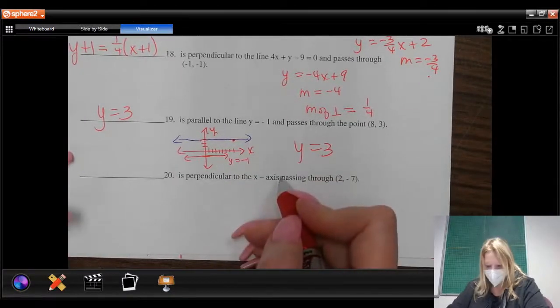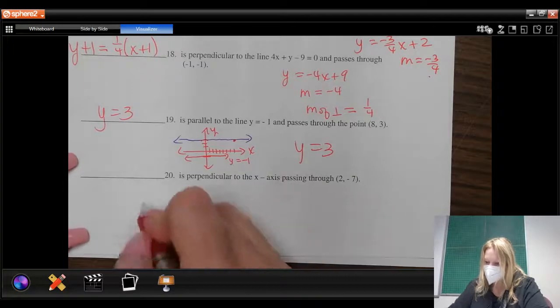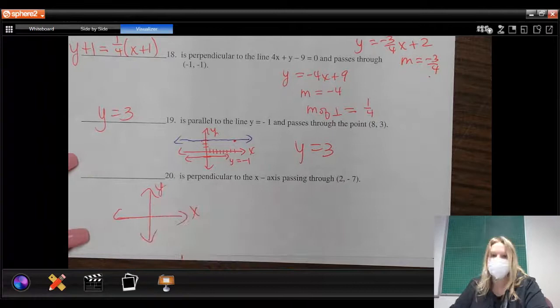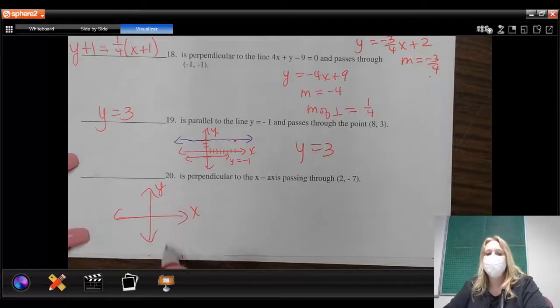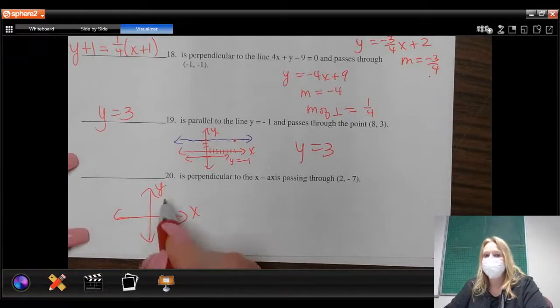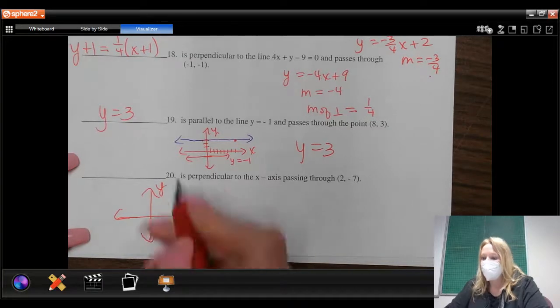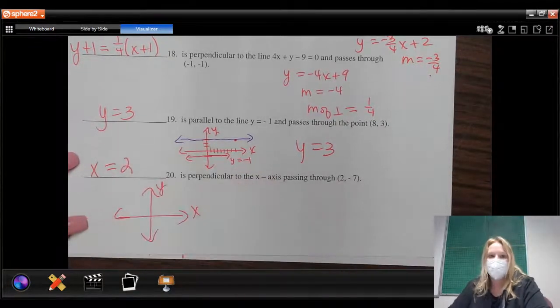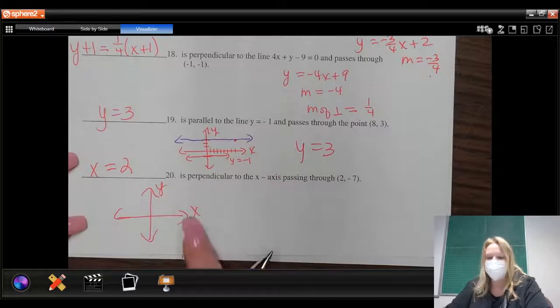Perpendicular to the x-axis. Okay, well, let's think about this. Here's the x-axis, here's the y-axis. If it's going to be perpendicular to the x-axis, that means it's going to be a vertical line. We should already know a vertical line is x equals. What does x equal? Well, it equals 2. Okay, let's say you couldn't go right to that.